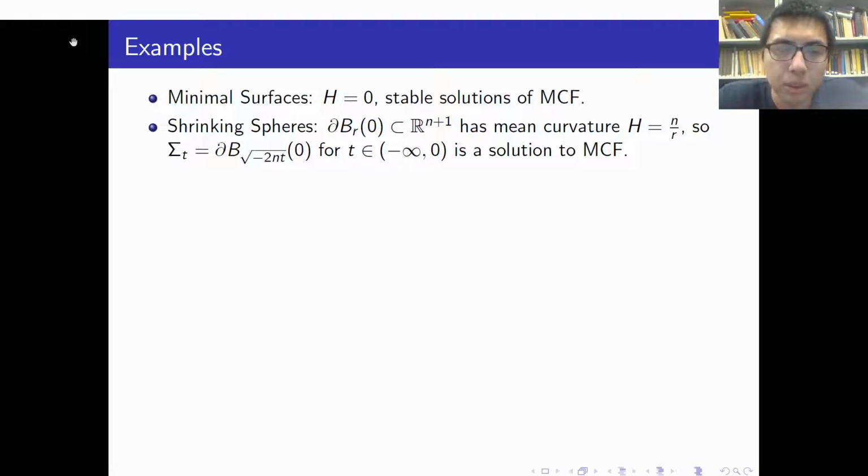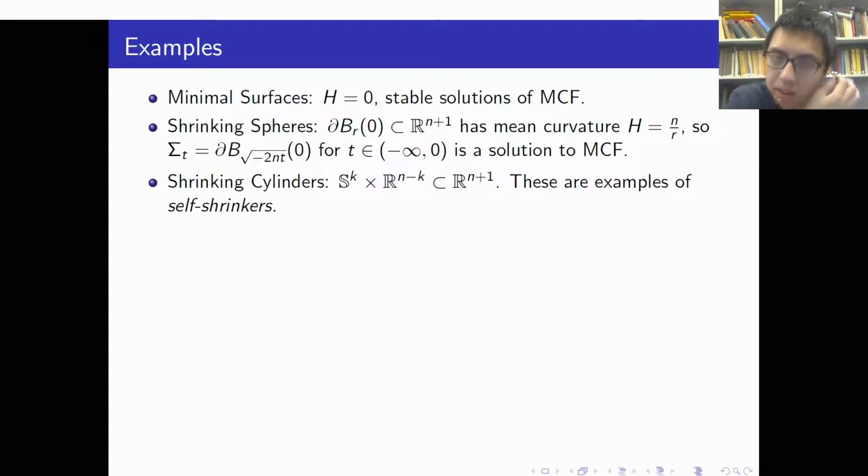And more generally, we'll have the shrinking cylinder, so we can cross the sphere by a Euclidean factor, which does not affect the flow. Sorry, I forgot the radius here, but it's a cylinder.